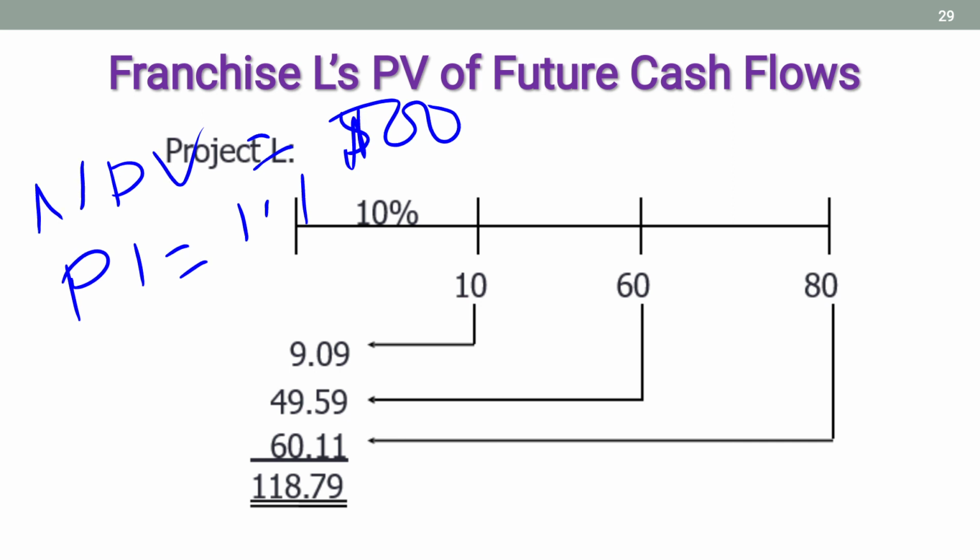So let's say it's 100, say 100 million. When you are interpreting the answer, NPV is equal to 100 million means that if you invest some amount of money, the net present value of the answer is 100.